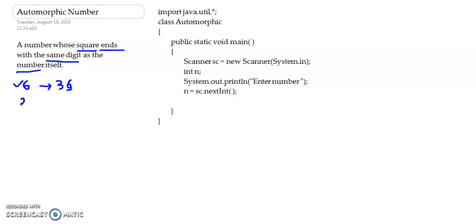Then if you have entered the number 25, 25's square is 625. So 625 also ends with 25, that means the number itself. So 25 is also an automorphic number.